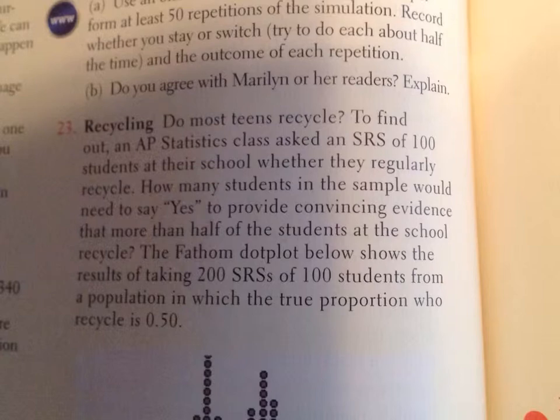The Fathom dot plot below shows results of taking 200 simple random samples of 100 students from a population in which the population proportion who recycle is 50%. Okay, so let's take a look at this data and explain what's going on with it.